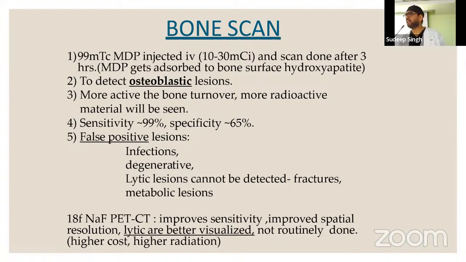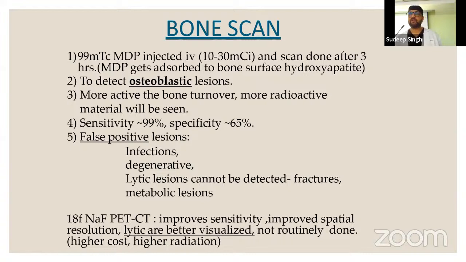Then bone scan, technetium 99 MDP is injected IV and the scan is done after 3 hours. It is used to detect the osteoblastic lesions. The more active the bone turnover, the more radioactive material will be seen. The sensitivity is good, 99%, and specificity is only 65%.